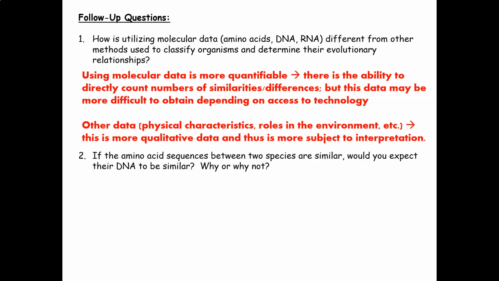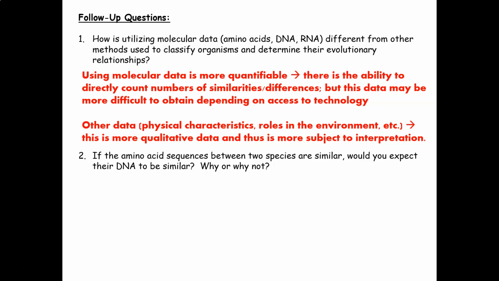That being said, if I look at other types of data that we can use to determine these evolutionary relationships, things like physical characteristics, do they have hair, do they have feathers, or roles in their environment, so are they producers, consumers, that kind of thing. That data is a lot more qualitative, right? So they're qualities of an organism as opposed to actual numbers.